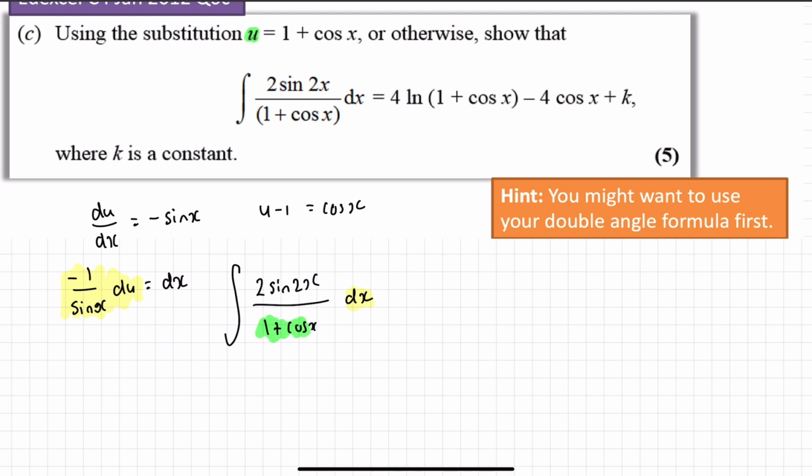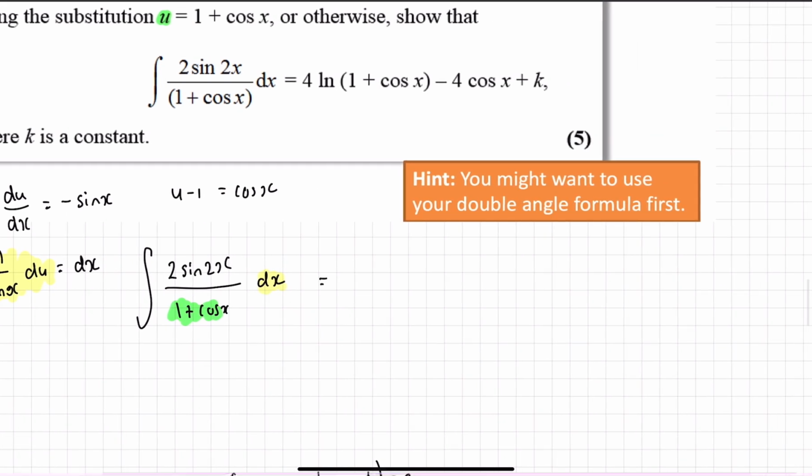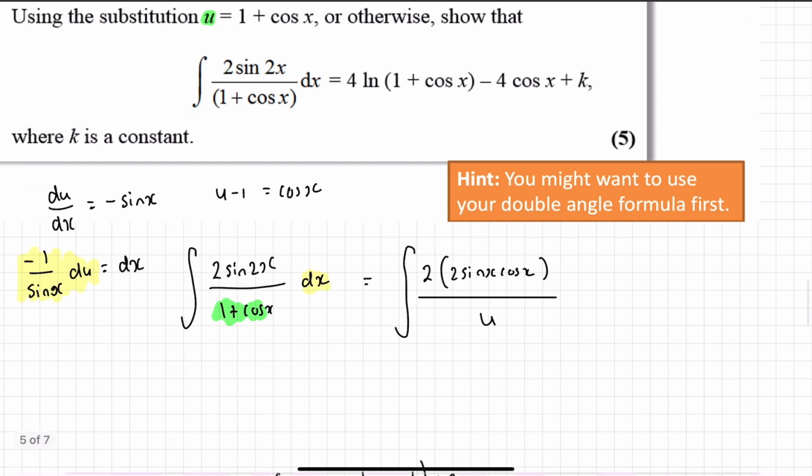Oh, sine of 2x is the double angle formula. So let's have a look at this. I'm going to do 2 lots of 2 sine x cos x all over, I'll put the u in now, and dx becomes, so times, minus 1 over sine x du.